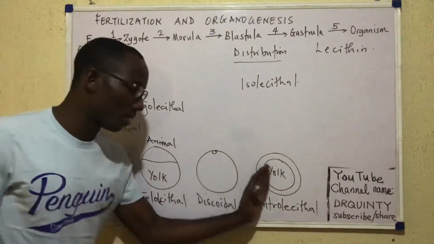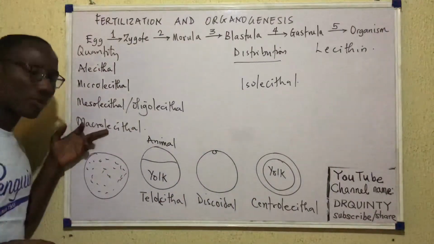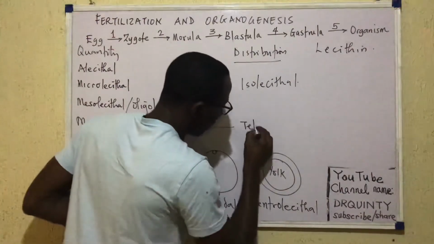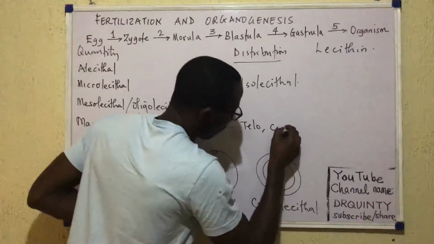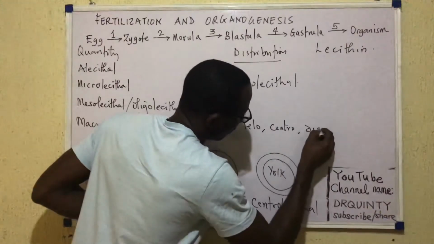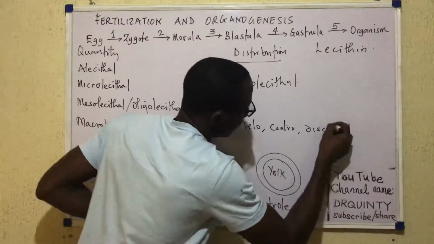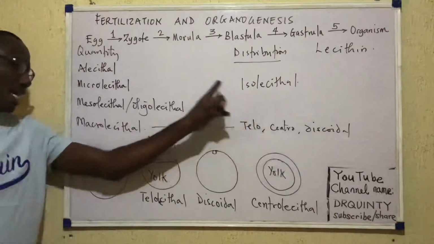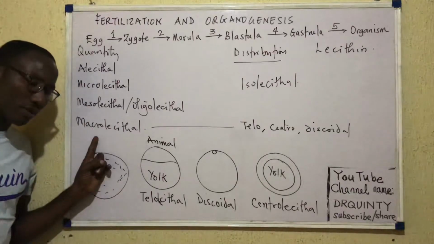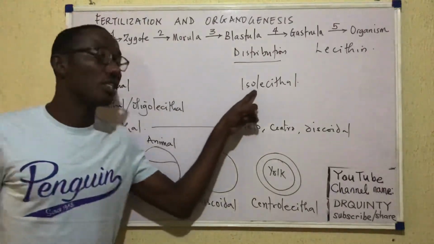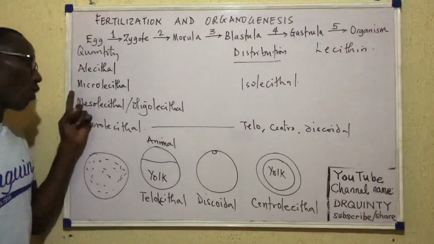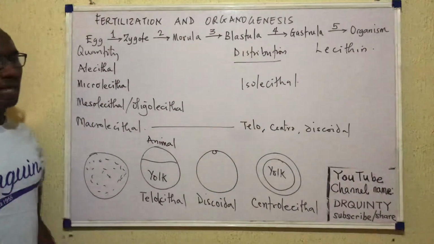All these three are under macrolecytal. So for macrolecytal, it may be telolecytal, it may be centrolecytal, it may be discoidal. So those are the different distributions that go with macrolecytal eggs, and this is the type of distribution that goes with micro or mesolecytal eggs.